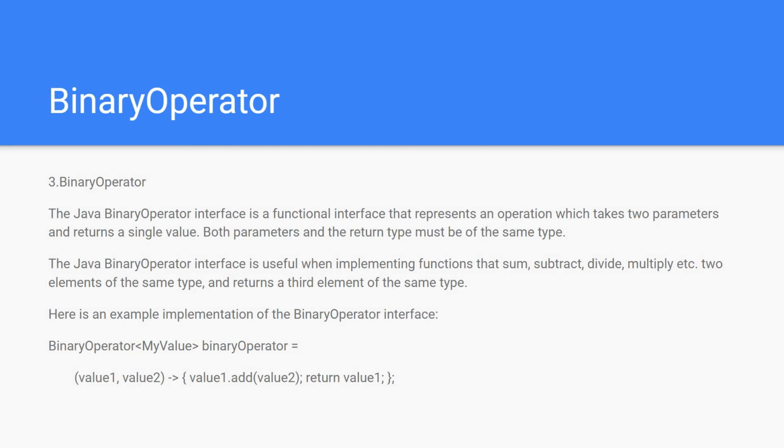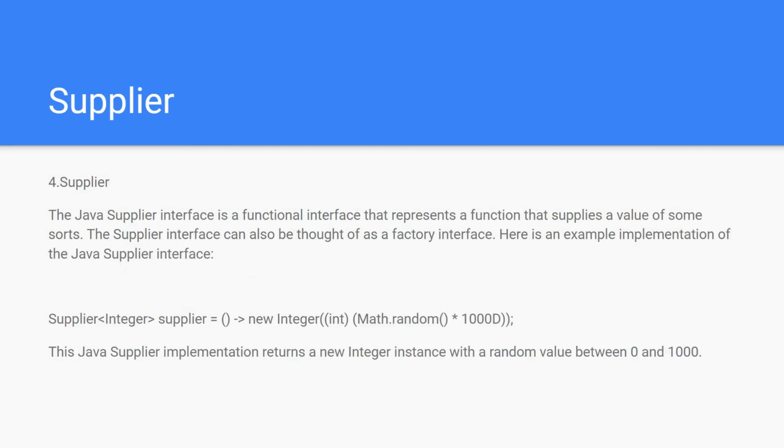Here is an example implementation of the BinaryOperator interface. BinaryOperator<MyValue> binaryOperator = (value1, value2) -> { value1.add(value2); return value1; }. Supplier.